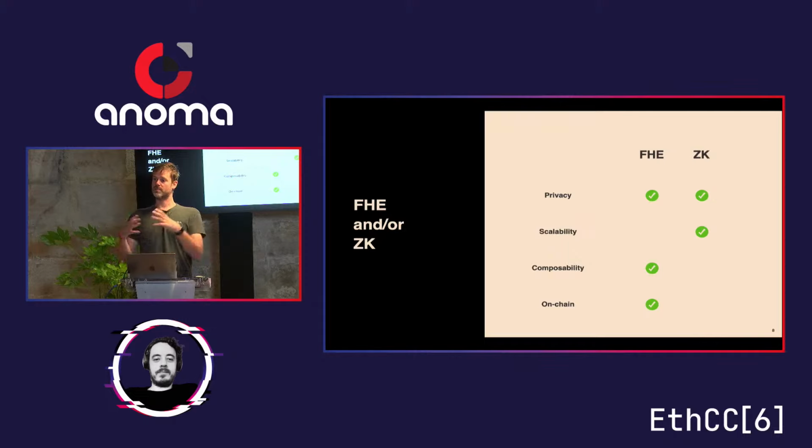In zero knowledge, you need someone to see all the plaintext data when you want to do the computation and then generate a proof that the computation was done correctly. With fully homomorphic encryption, you just have all the data encrypted and anyone can perform the computation. So you don't need a single entity to see all the plaintext data. The computation is happening directly on the ciphertext. And it's also very easy to keep all the data on chain. Again, you don't need to have data stored off chain that can become unavailable and so on.